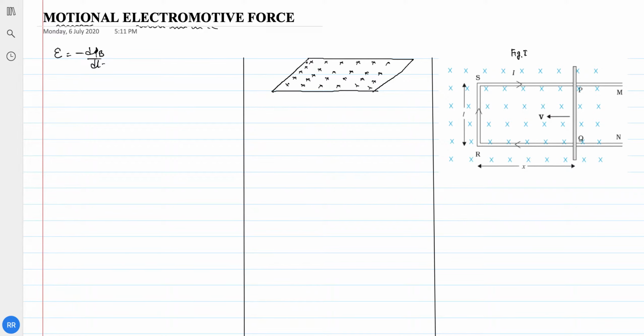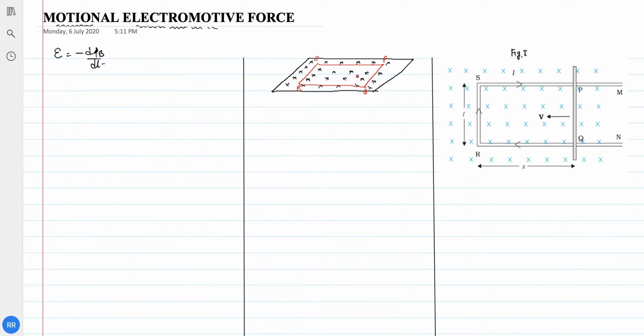So we have a rectangular conductor. It is placed in this magnetic field like this. So this part is P and this part is Q, this part is R and this part is S. So this is P, Q, R, S. Okay.